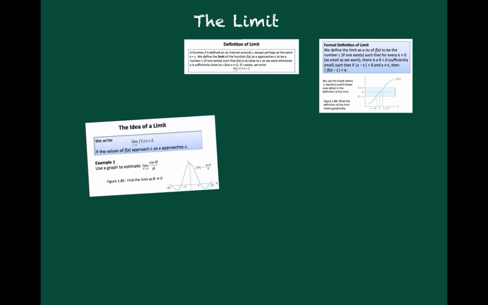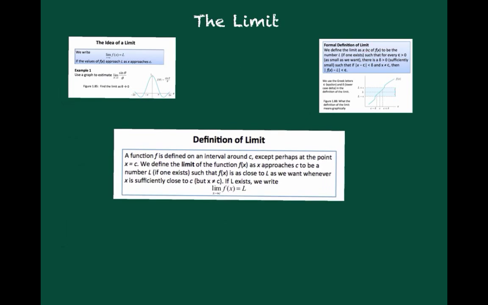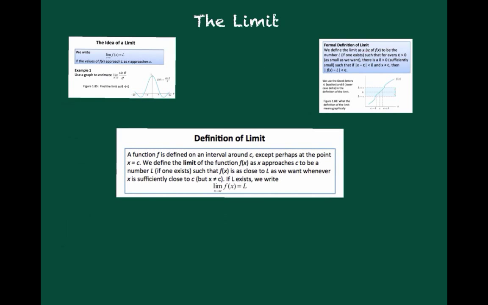All right, so if we get a little more formal with our definition of limit, and some would say this is still pretty informal, we would say that a limit is when a function is defined on an interval around c, except perhaps at the point x equals c, like we just saw in that example where the function was not defined at x equals 0. So we would define the limit of the function as x approaches c to be a number L if one exists.